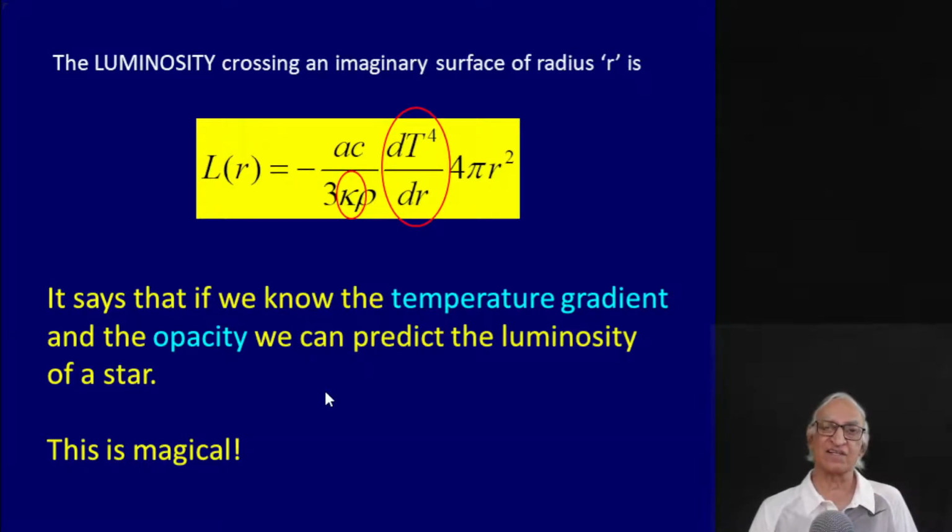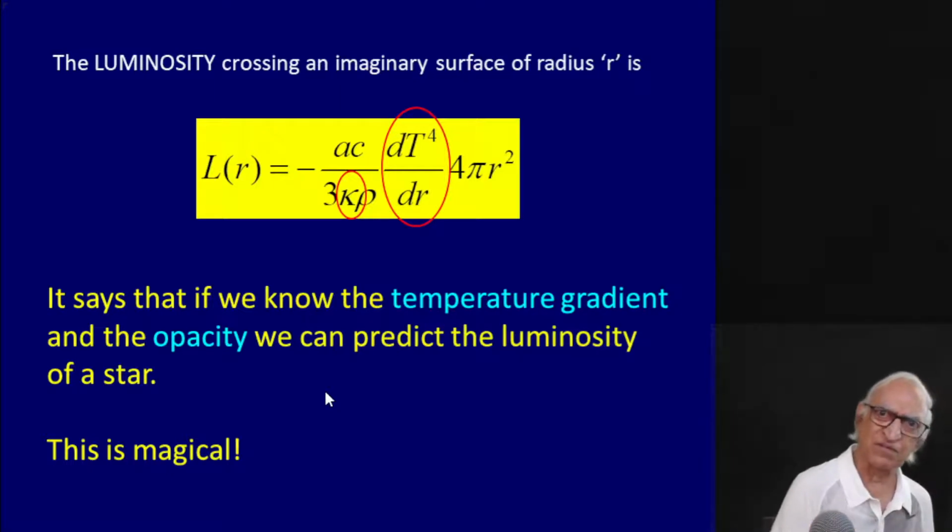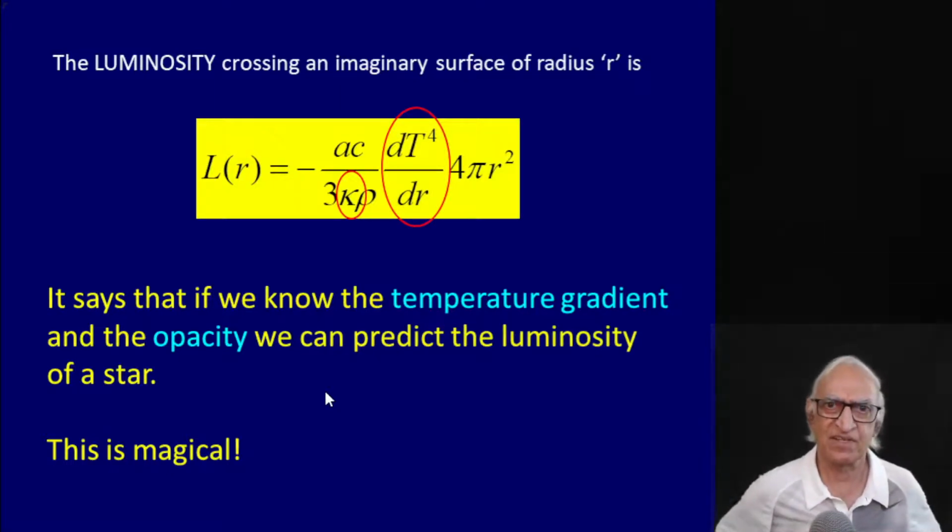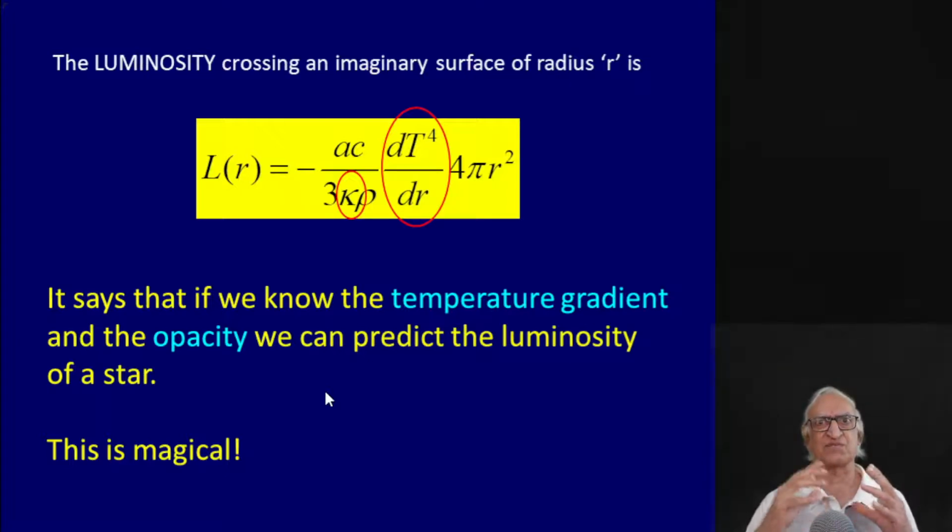This is magical. Now you would say this is complete nonsense because stars of different masses will have different luminosities. Stars of different masses will have different radii and therefore different temperatures. You told us that the energy stars radiate is generated at the center by fusion reactions, and that surely depends upon temperature.